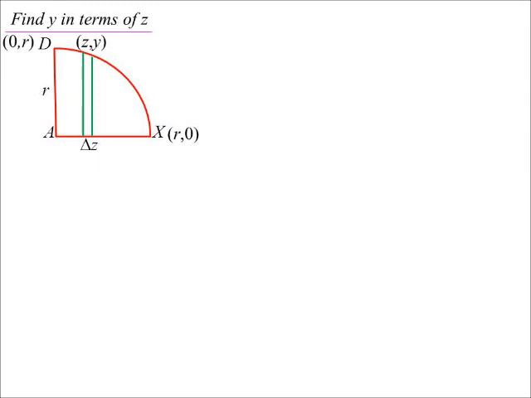Basically, it's half of that semicircle. We know that relationship will just be Y equals the square root of R squared minus Z squared. I think that probably was the trickiest part of the question, because people are so used to going, oh, I'll use similar figures, and it's not a straight line, so it's not going to work.